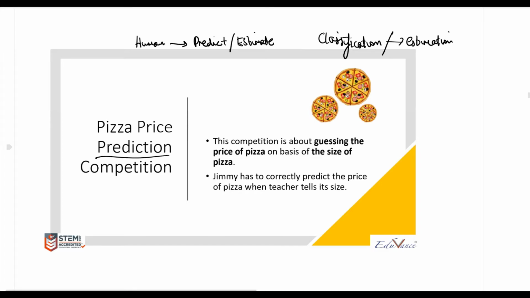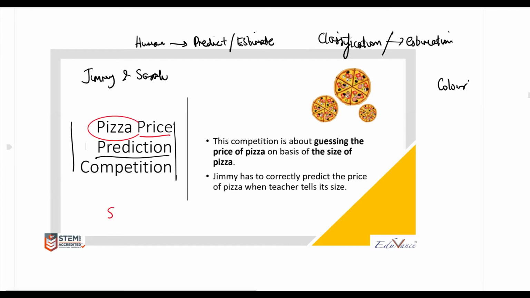Now, if you remember, we have two characters in our story, Jimmy and Sarah. In session number 2, Jimmy was participating in a color identification competition. Now, let us look at a scenario where he has to participate in a competition where he has to predict the price of the pizza. The rules of the competition are simple.